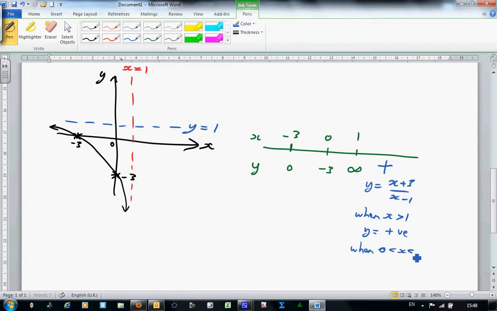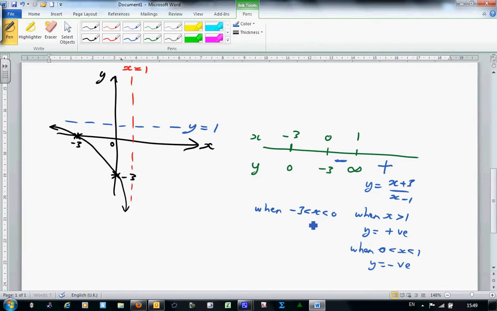All right. Let's have a look when x is between -3 and 0. That's the next section. So let's say, I don't know, -1. So y is -1 plus 3, which is positive, and -1 minus 1 is negative.